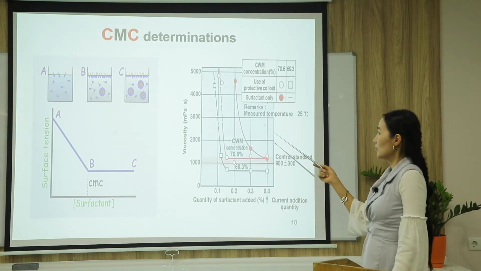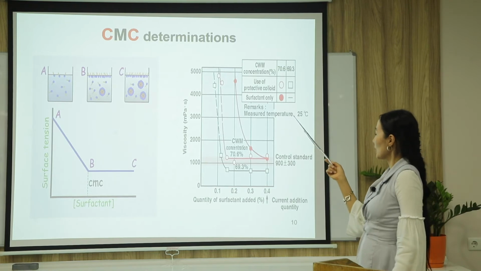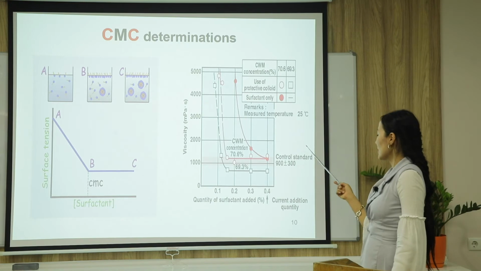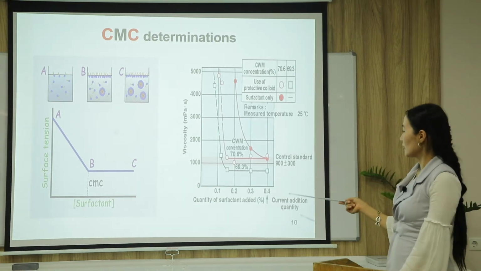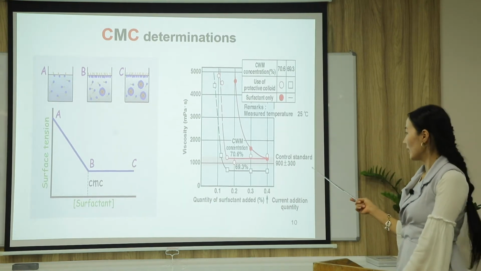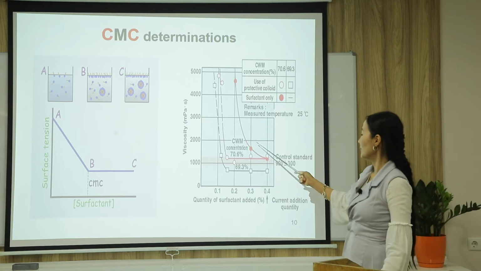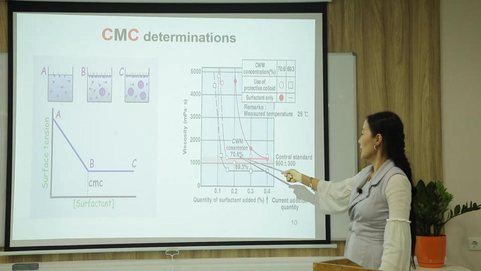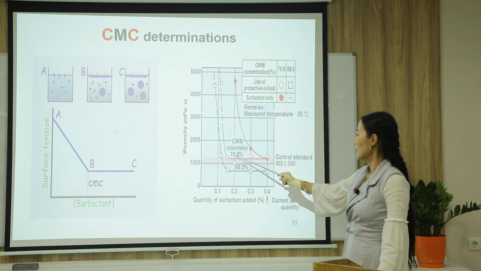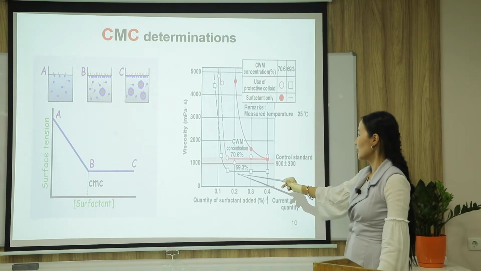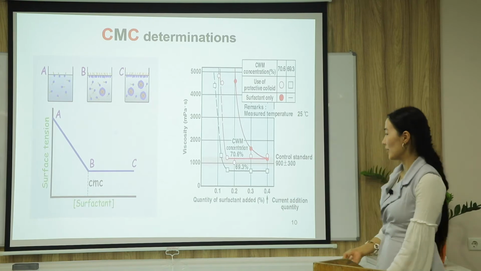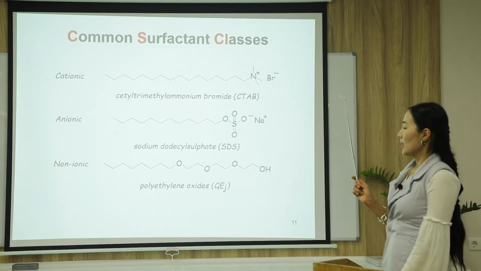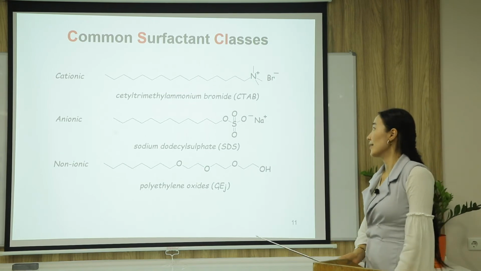So the measured temperature will be equal to 25 Celsius, and the control standard is 900 plus minus 300. So here we have the concentration of our micelle determination. It's equal from 70.6 to 69.3%.